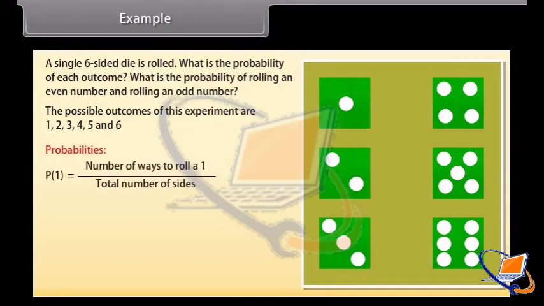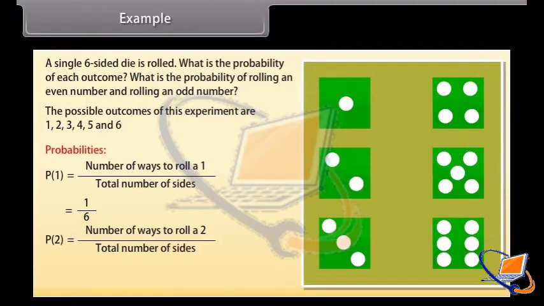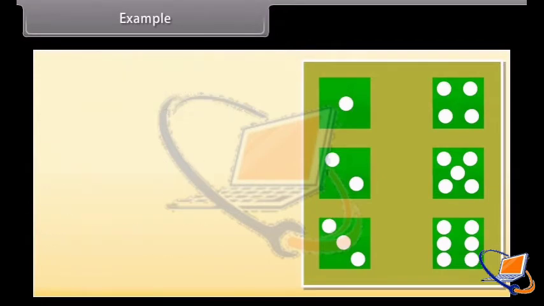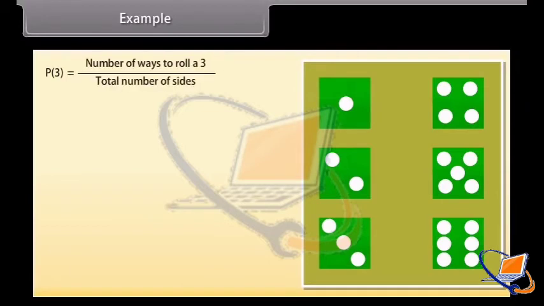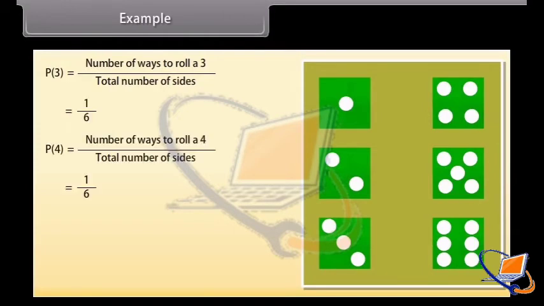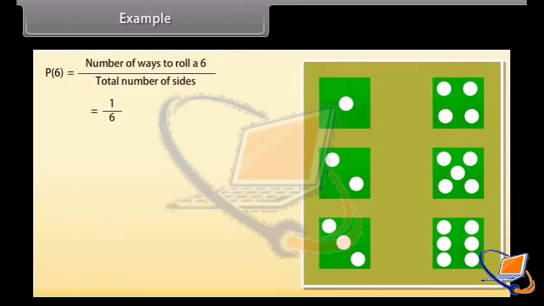Probability of 1 is number of ways to roll a 1 by total number of sides, which is equal to 1 by 6. Probability of 2 is number of ways to roll a 2 by total number of sides, which is equal to 1 by 6. Similarly, the probability of 3 is equal to 1 by 6. In the same way, we will find the probabilities of 4, 5 and 6.